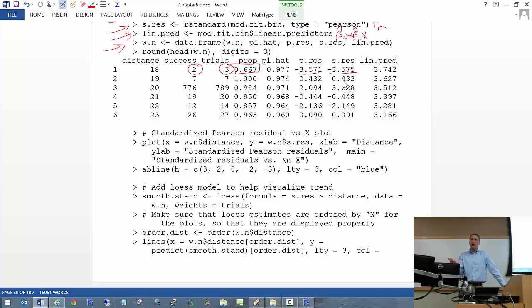Notice even at 2, we are still having problems. What's going to happen at 1? It's just going to make it look worse. What's going to happen at 0? It's going to look even worse. Only when you observe a number of successes equal to the number of trials will you not have a standardized Pearson residual outside of plus or minus 3. That's why using a normal distribution approximation is often not good.